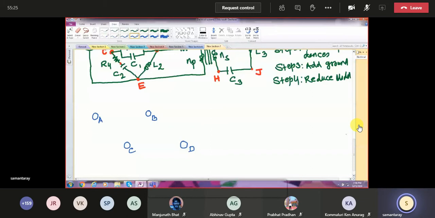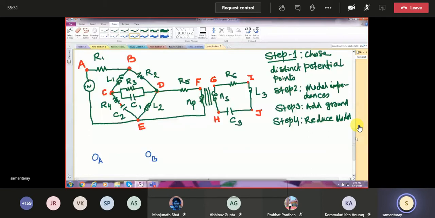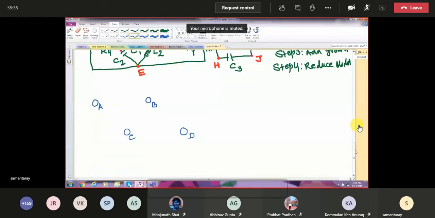So between 0A and 0B, we have R1. Then between B and C, L1, and between B and D, R2. We take VA minus VB and model there R1.